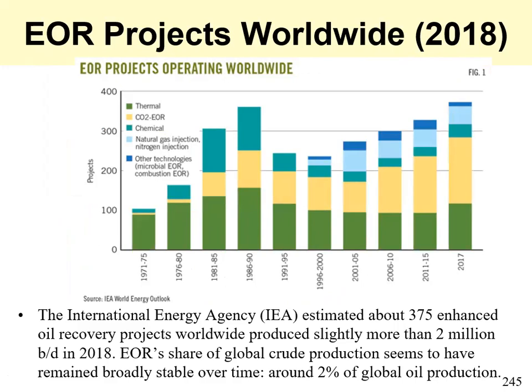Now, this gives an overview of enhanced oil recovery projects operating since the 1970s. The green represents some thermal methods, while the one that kind of looks like a very dull yellow is for carbon dioxide enhanced oil recovery methods.